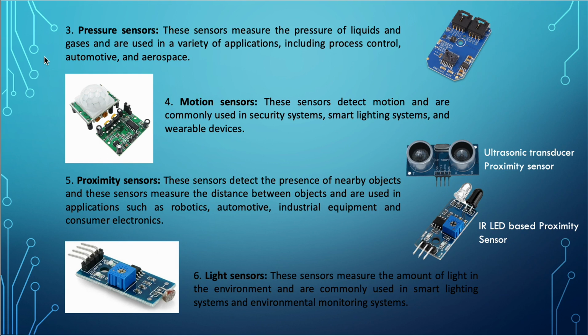In those, rather than going to extreme measures, you will find many pressure sensors out there. Pressure sensors measure the pressure of liquid and gases, and are used in a variety of applications, including process control, automotive, and aerospace.